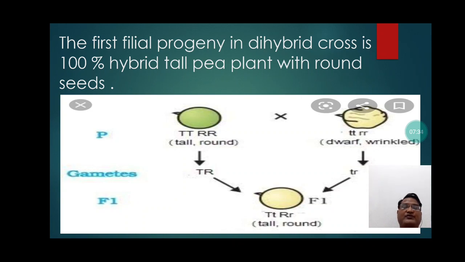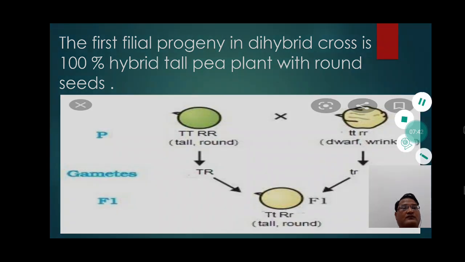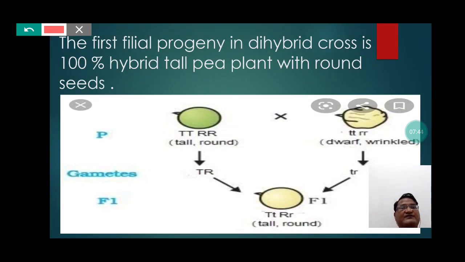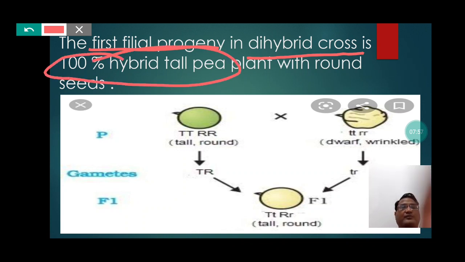The first filial progeny in dihybrid cross is 100% hybrid tall pea plant with round seeds. So students, the first filial progeny, that is the first generation which will be obtained by the crossing of dihybrid, will be 100% hybrid tall pea plant with round seeds.